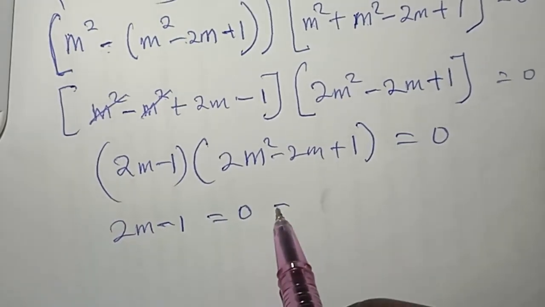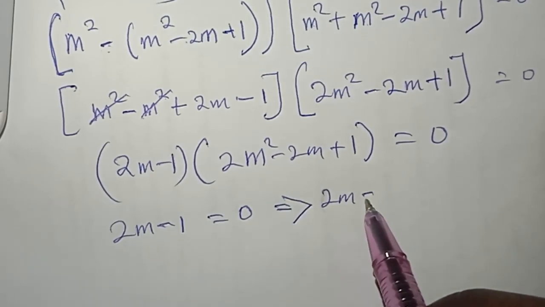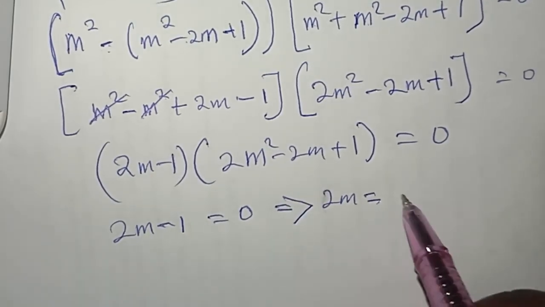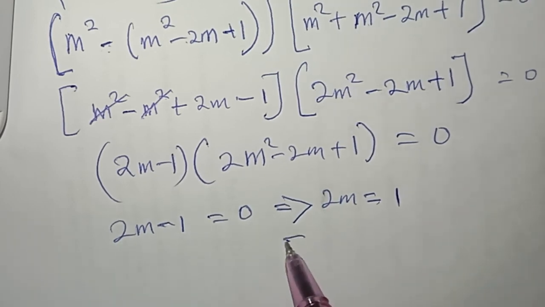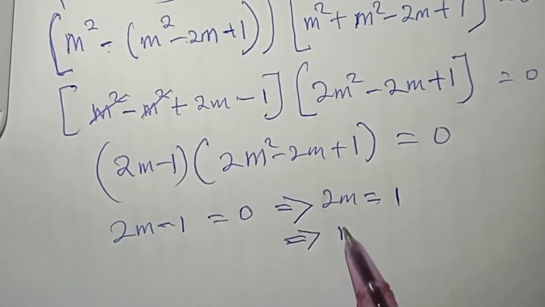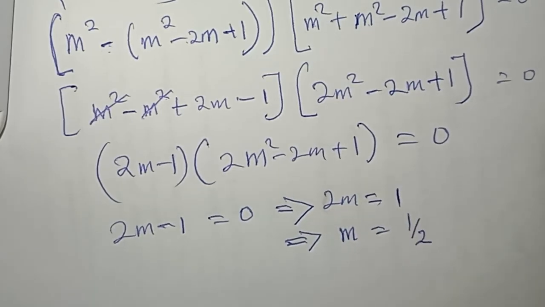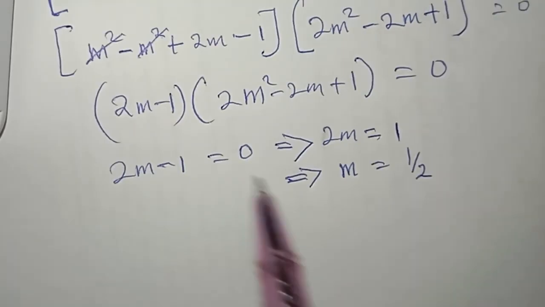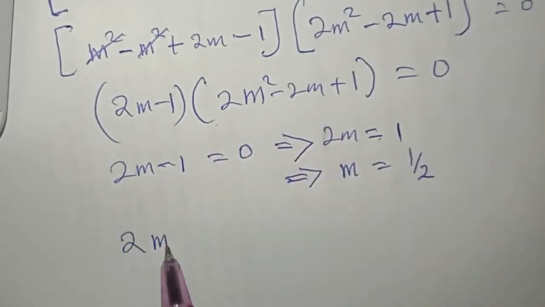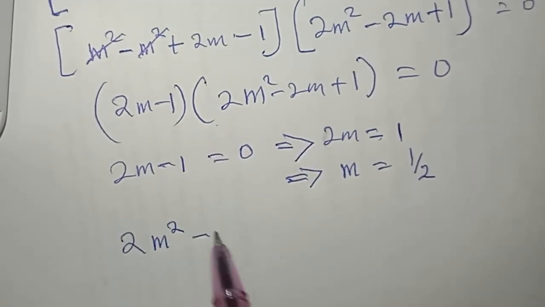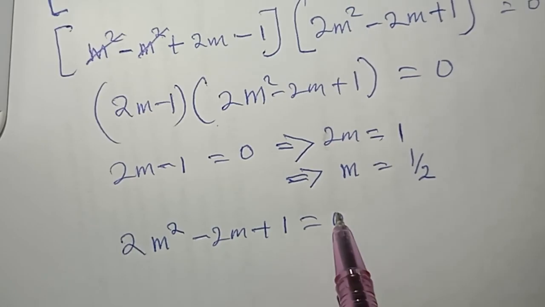This implies that 2m = 1, bringing the minus 1 here, and this implies that m = 1/2. And then for the second one, we have 2m^2 − 2m + 1 = 0.